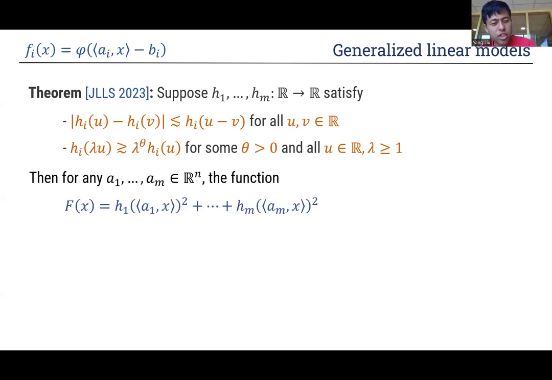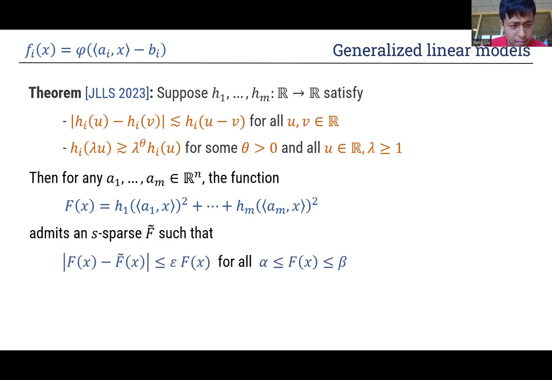Then under these conditions, if we define the functions f_i to be h_i squared, and for any vectors a_1 through a_m, the sum function f of x is the sum of h_i of a_i dot x, squared. This admits an s-sparse sparsifier, that's 1 plus or minus epsilon multiplicatively approximate, when the values are between alpha and beta.